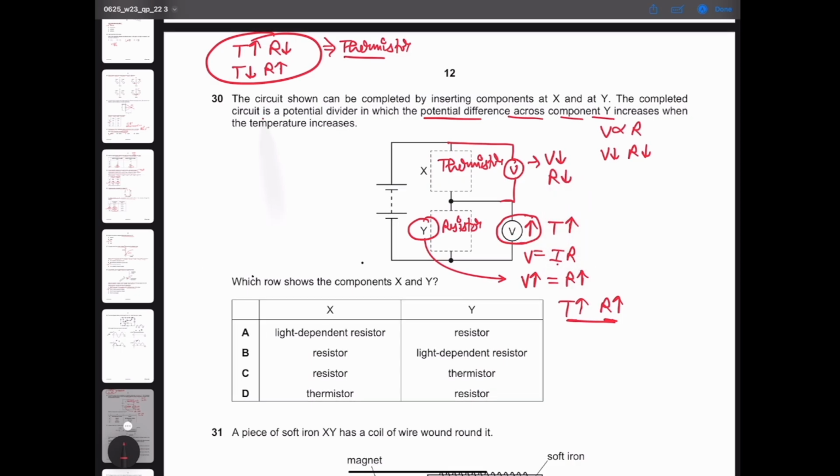They are saying that temperature is increasing. If temperature is increasing and the resistance is decreasing here, you can see the inverse relation, and that is in the thermistor only. So this again tells you that X is thermistor, Y is resistor. I hope this is clear.